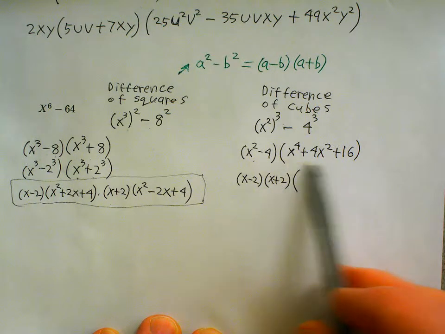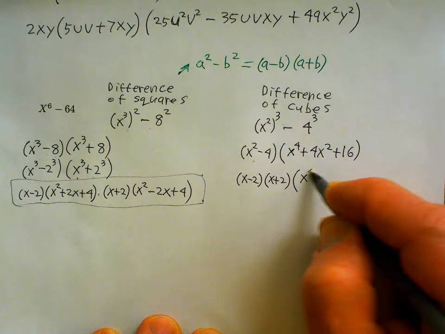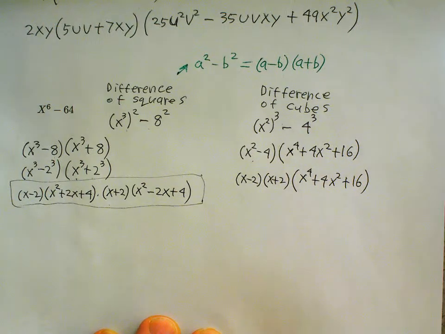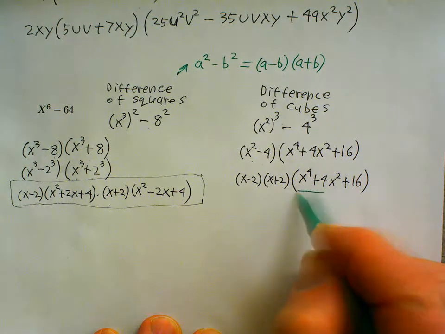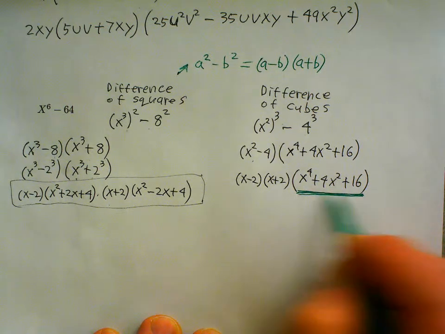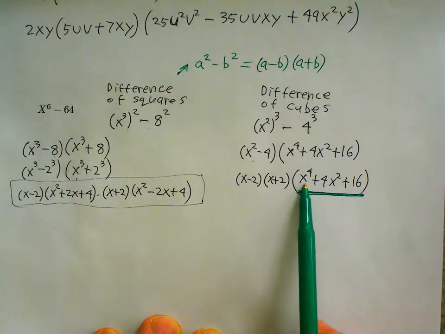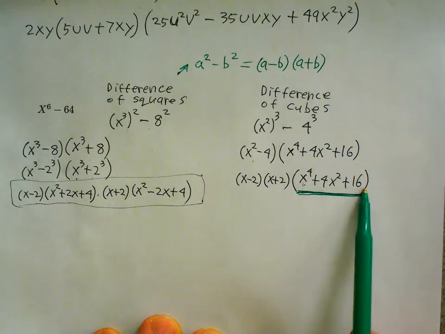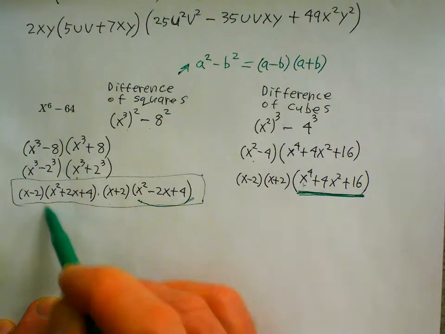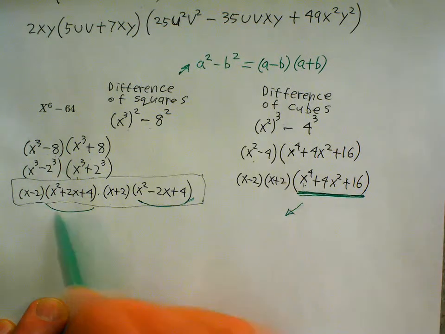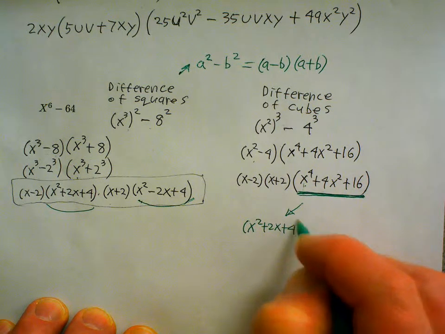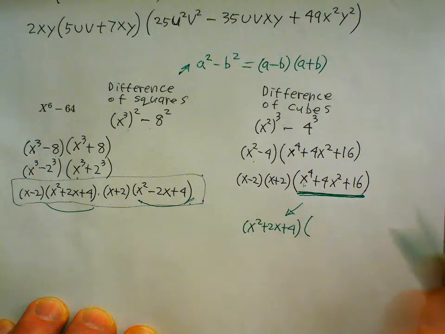And what might not be apparent is that x to the fourth plus 4x to the second plus 16. It's not immediately apparent that if we were to try to factor x to the fourth plus 4x squared plus 16, it would amount to multiplying x squared plus 2x plus 4 and x squared minus 2x plus 4.